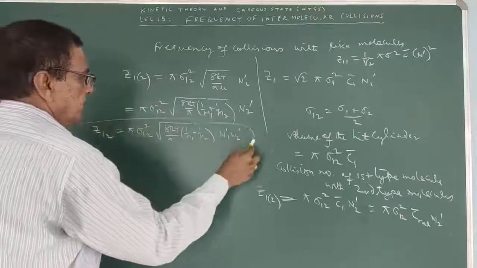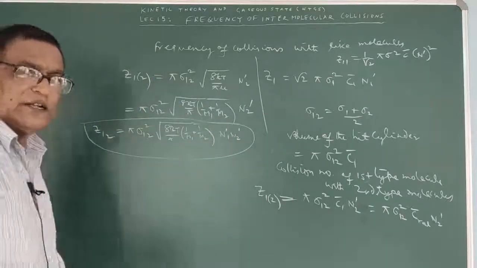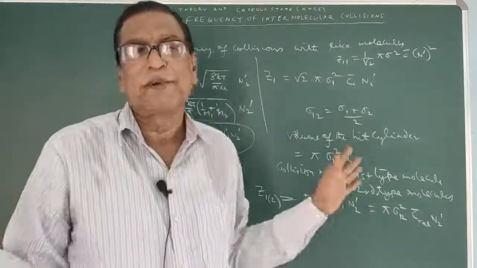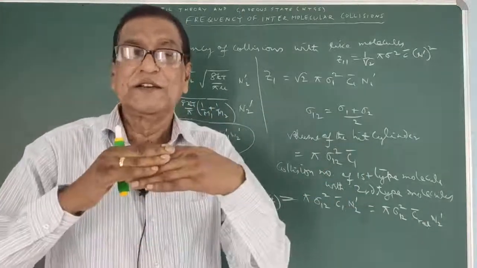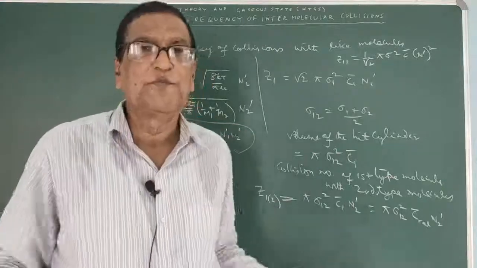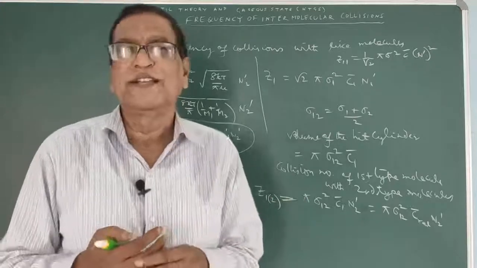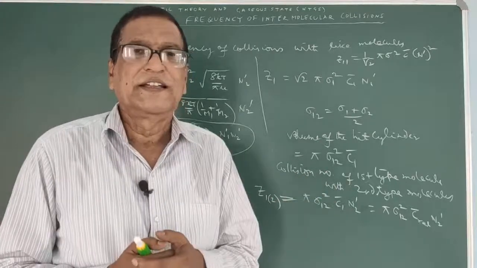This is the formula. Here the factor of one half is not to be multiplied, as it is between two different types of molecules, so double counting does not come in here.